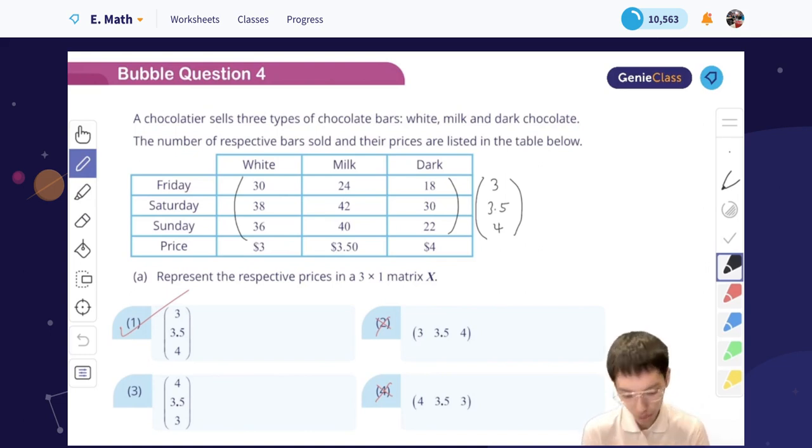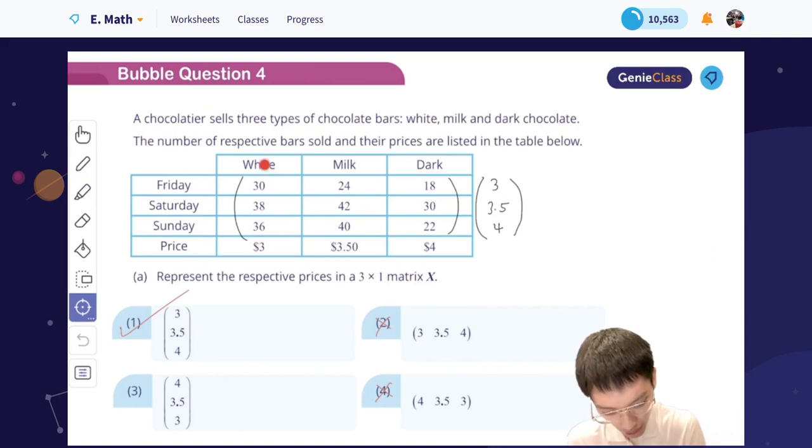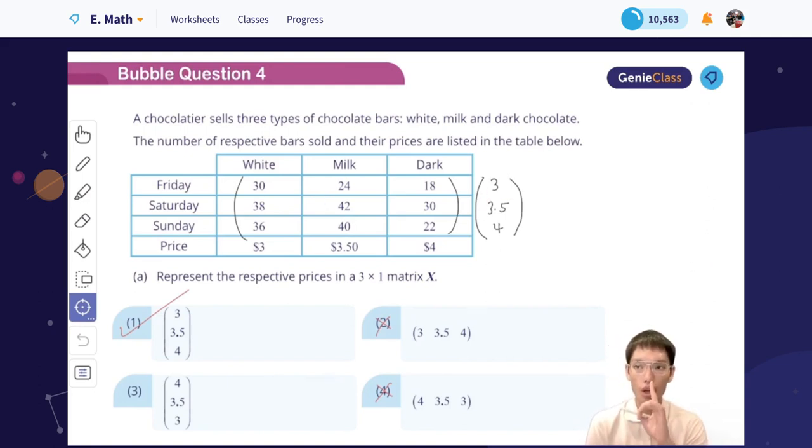But realize what I'm doing here. When I multiply 30 with 3, that's the revenue for white chocolates on Friday. 24 times 3.5, that's the revenue for the milk chocolates on Friday. 18 times 4, that's the revenue for dark chocolates on a Friday.